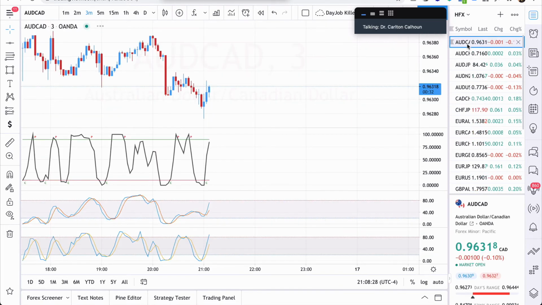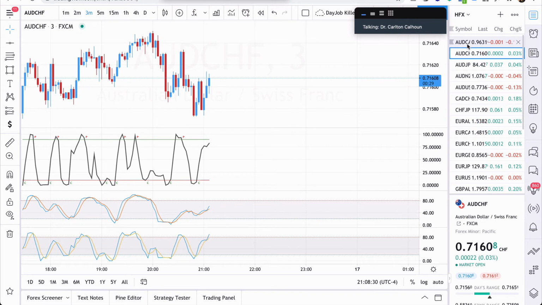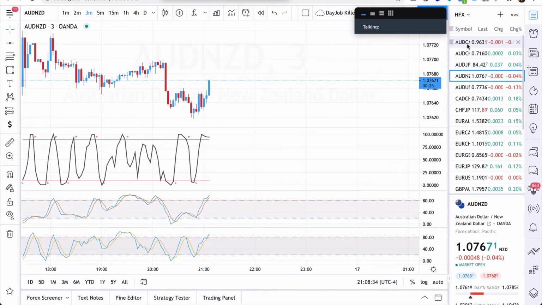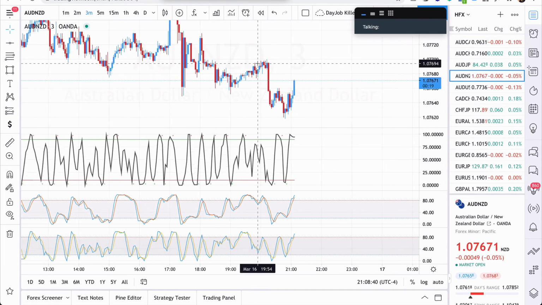Let's go back to the top. AUD NZD setting up for a potential put.